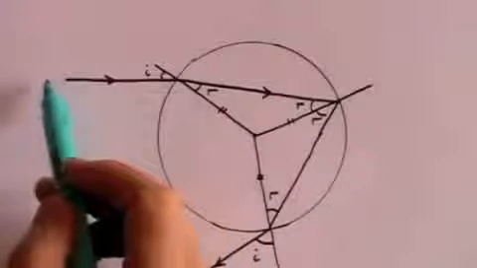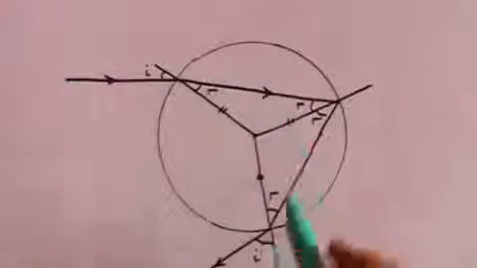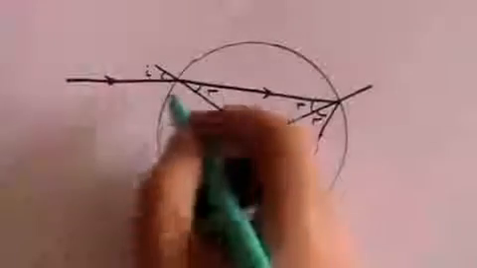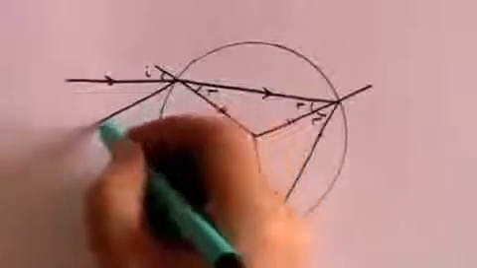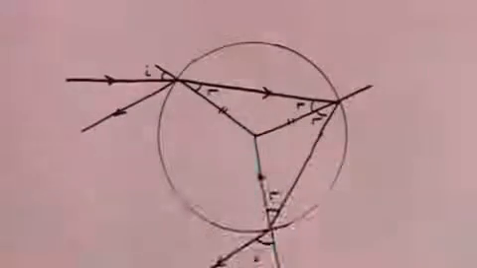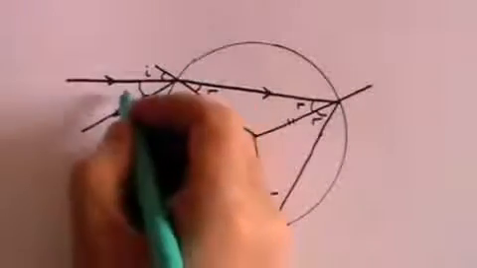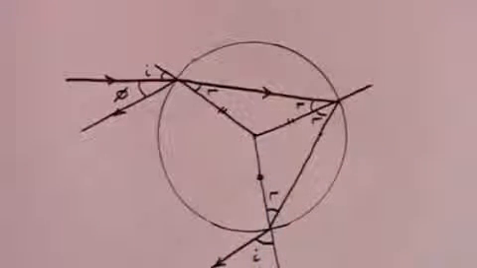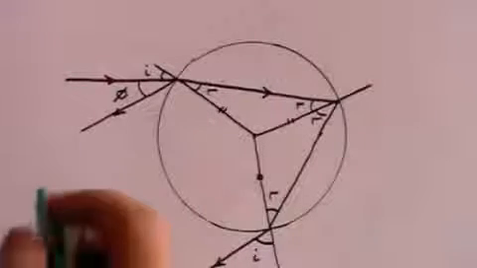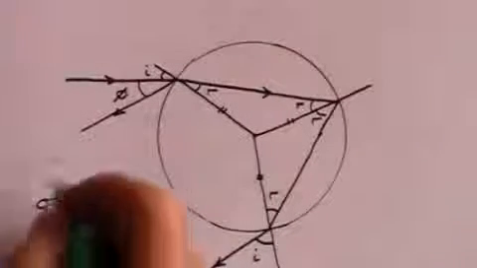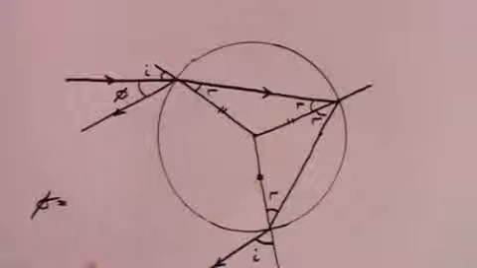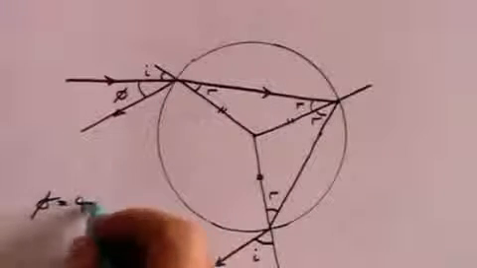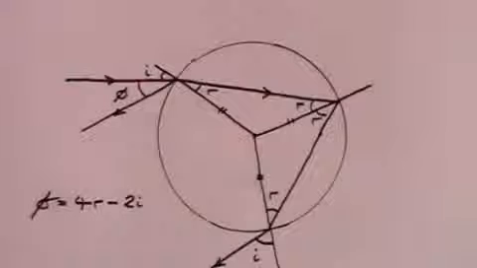So effectively the light has gone this way and it's come out that way. And if we draw another beam in parallel, what the light has actually done is it's gone through an angle of phi. And what you can show is that phi is equal to 4r minus 2i.